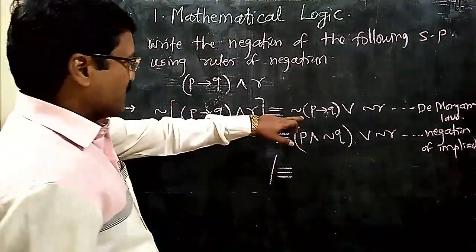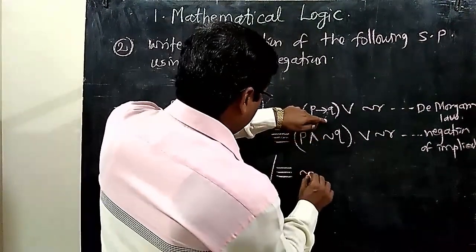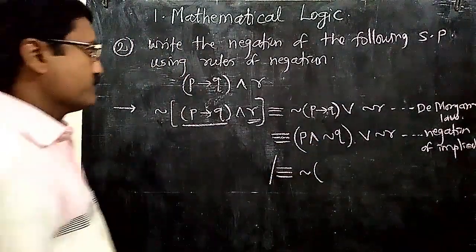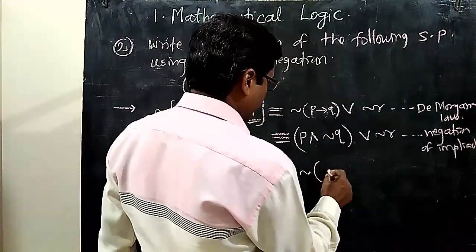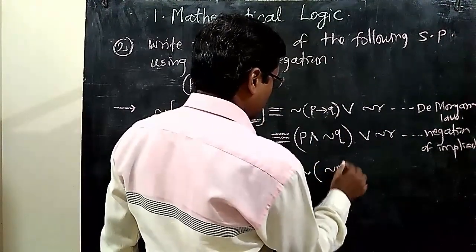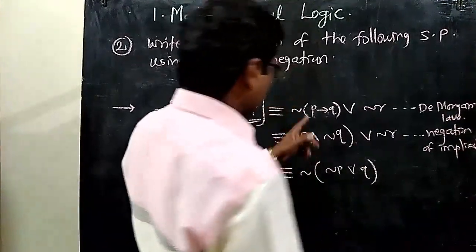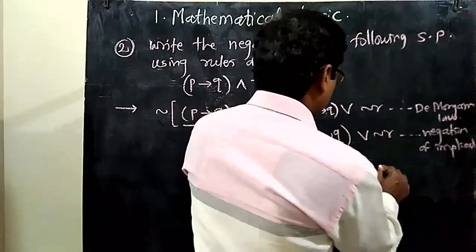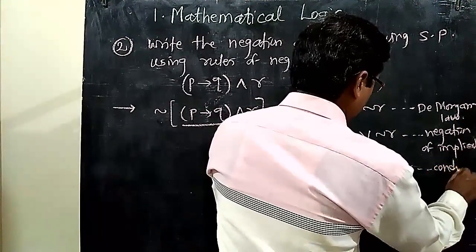Or in another way, we can write here the implication law. What is the law of implication or conditional statement? This is nothing but negation of the first statement or the second. So we get this by using conditional law. The remaining part, negation of R, as it is.